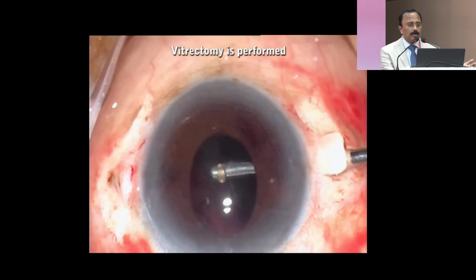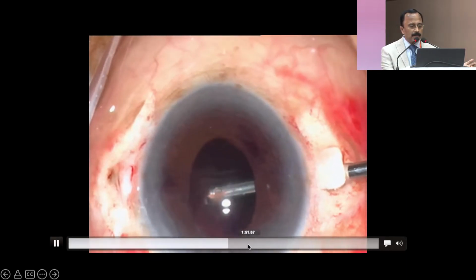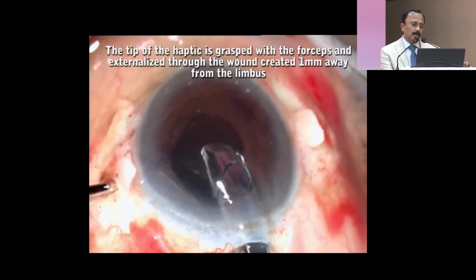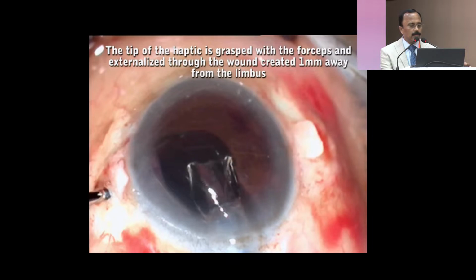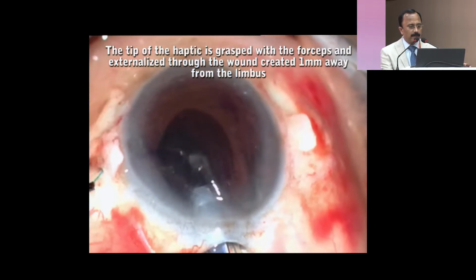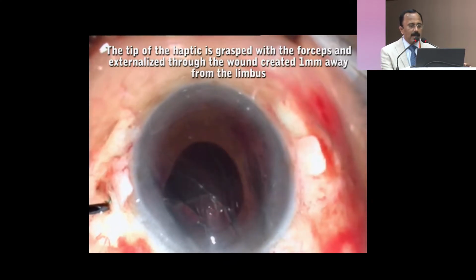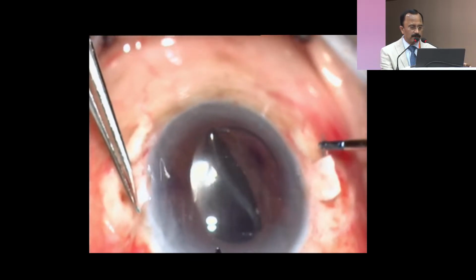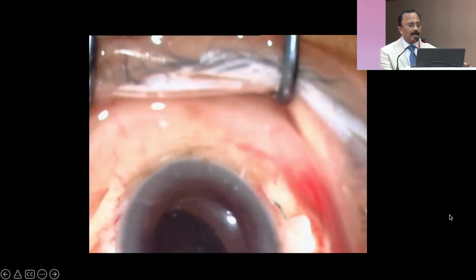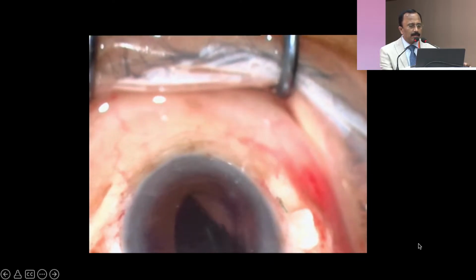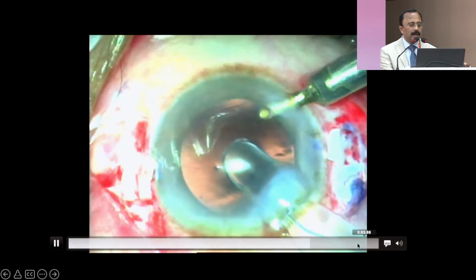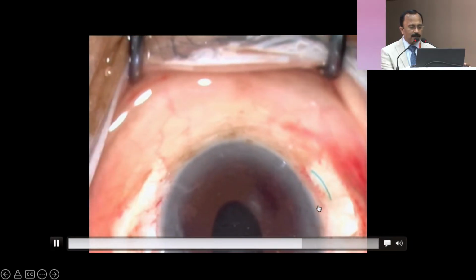This is how we do the vitrectomy, and then we implant the lens. Once we catch hold of the leading haptic tip, we exteriorize it, and then we go to the second haptic. The trailing one is also exteriorized, and thereafter these haptics are tucked into the preformed channels in the sclera.